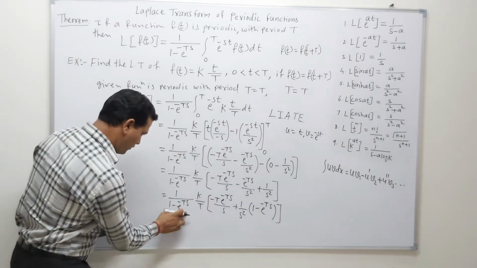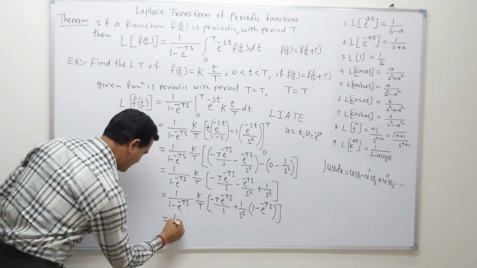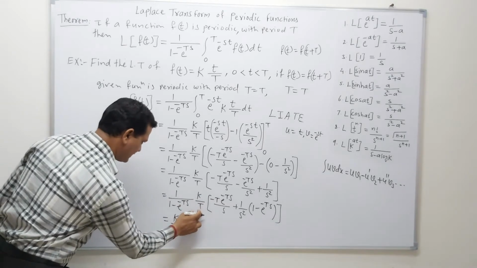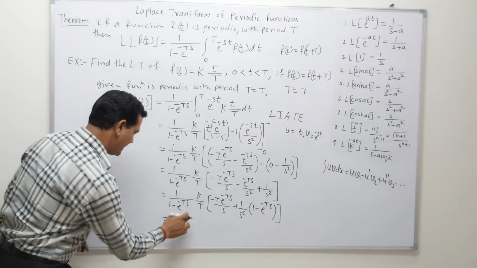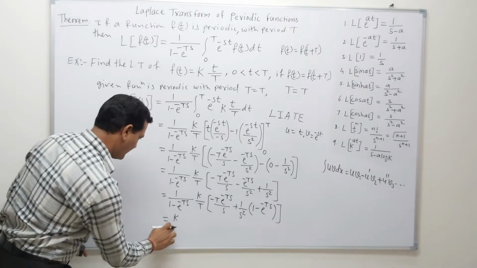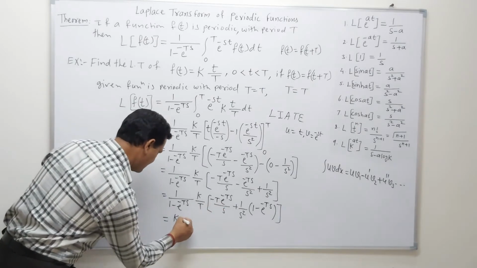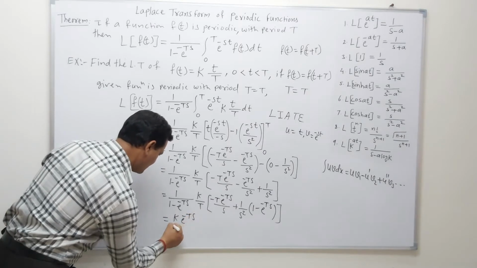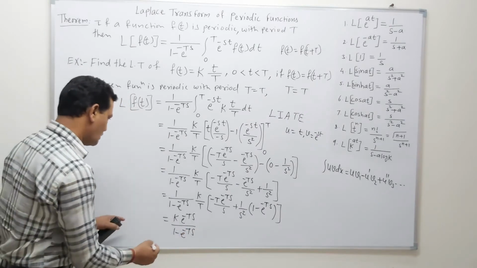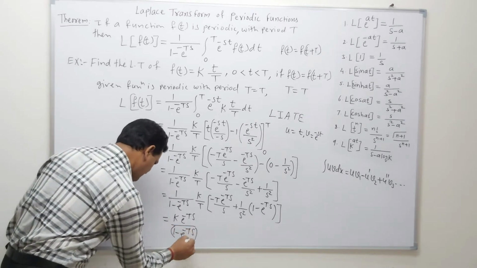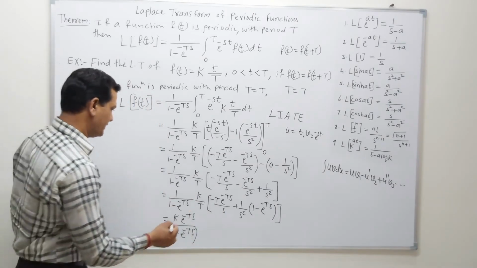If we take this 1 upon 1 minus e raised to minus Ts to the inner side, then the next step is k upon T for the first term. Then this t and this t will get cancelled, so we may write k, then e raised to minus Ts upon 1 minus e raised to minus Ts into s, so the s term stays as it is and only the t term gets cancelled in the first term.